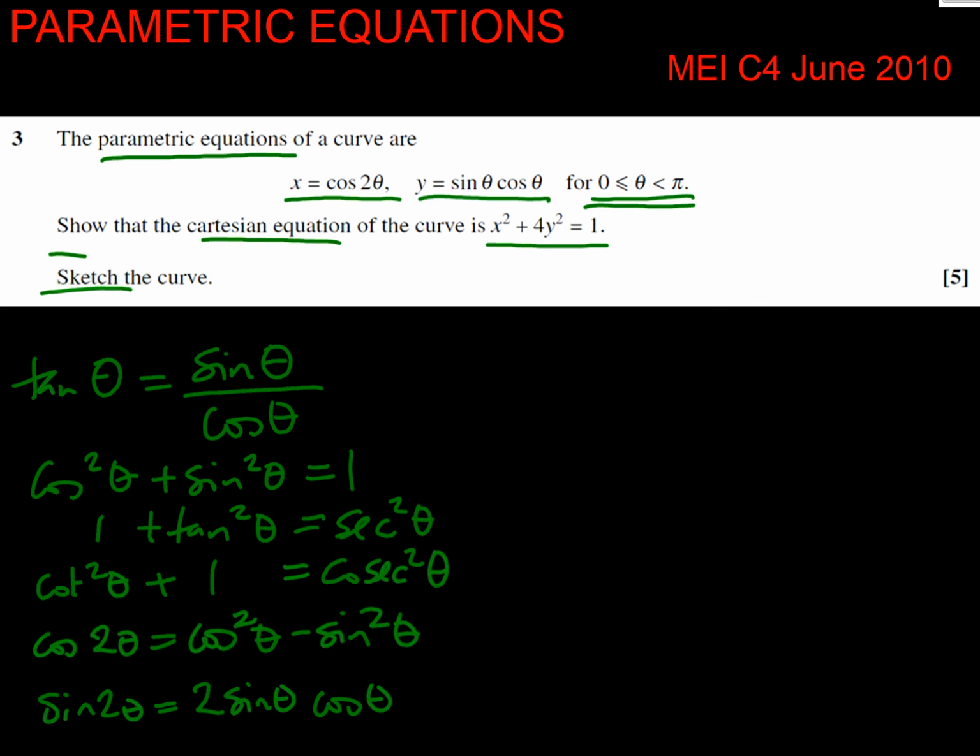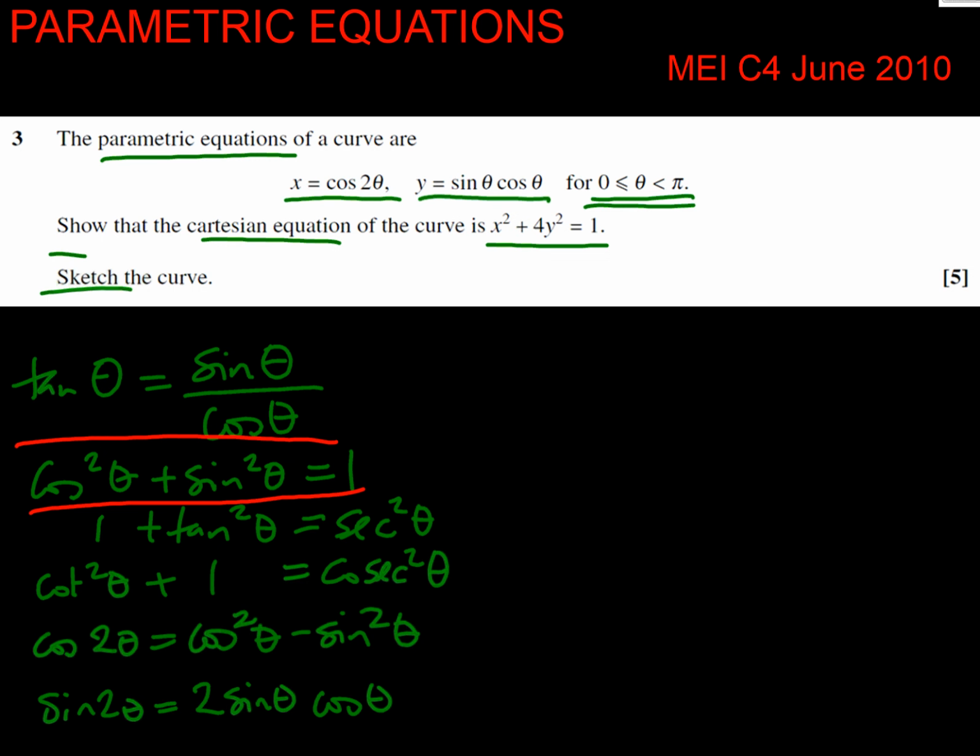Got our two basics here, that tan theta equals sine theta divided by cos theta, and then cos squared theta plus sine squared theta equals 1, and the two variants on that were tans and cotans and secs and cosecs there. And then we've got the double angle formulae, cos 2 theta equals cos squared theta minus sine squared theta, and sine 2 theta equals 2 sine theta cos theta. So there's all our variants.